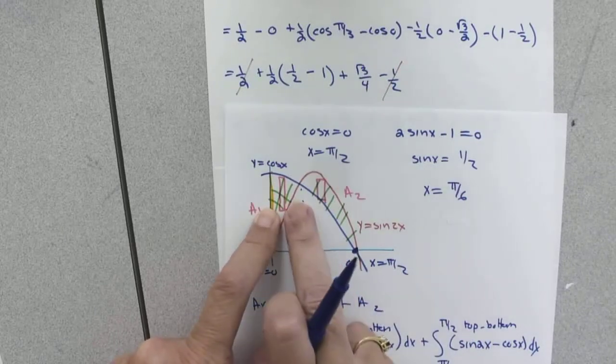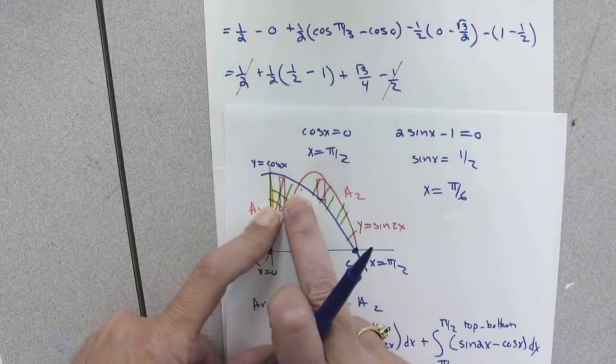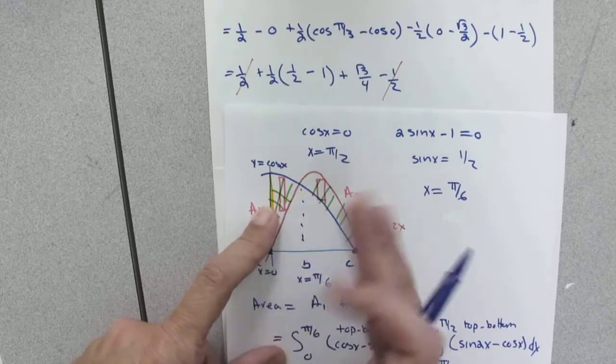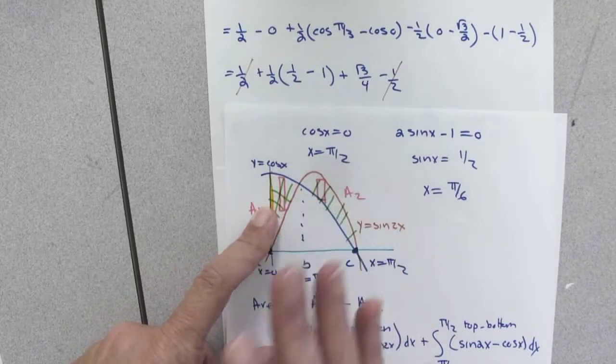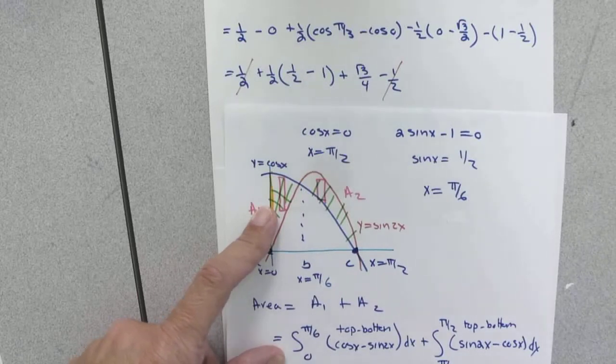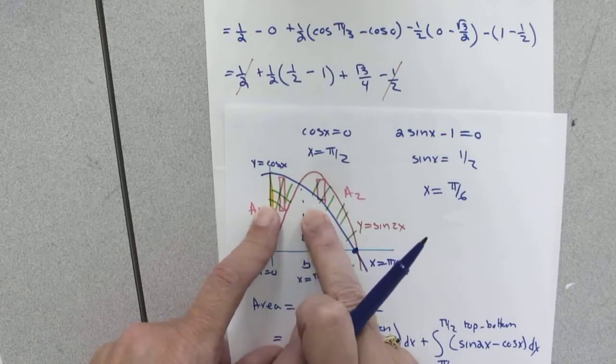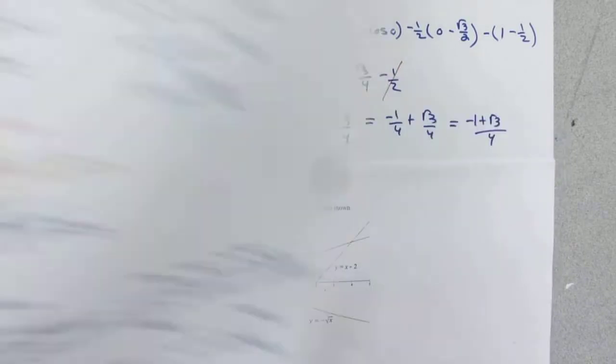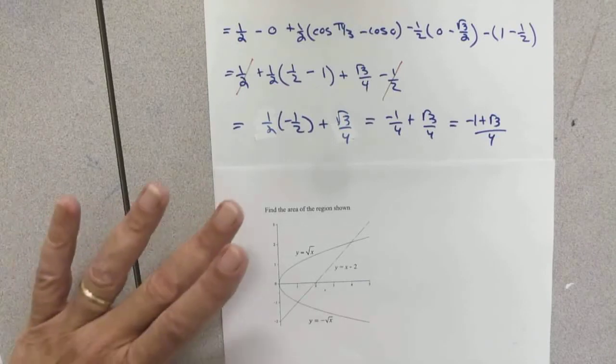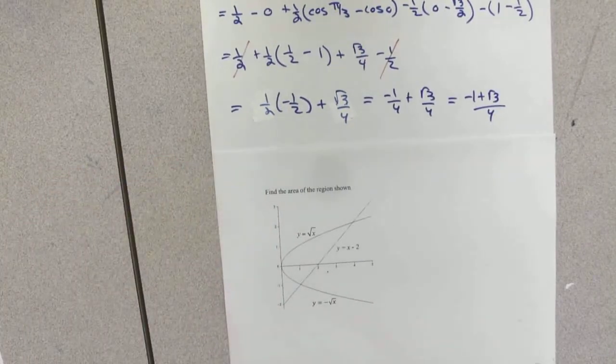But it was really obvious to see that top and bottom changed because there was a point of intersection right in the middle of the region. But anytime top and bottom change, you're going to need another integral. Here it was easy to see that we need two integrals. On the next one, it's not as easy to see that this is going to be a multiple integral problem.